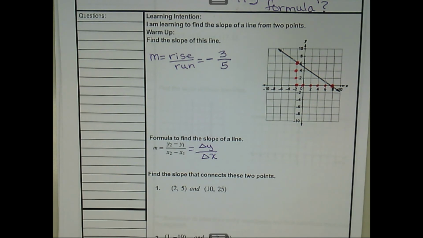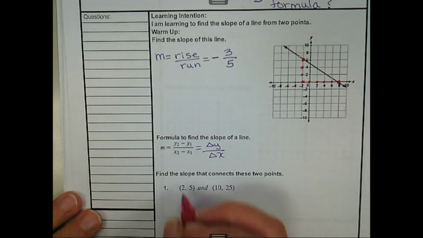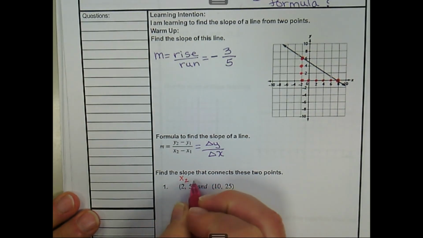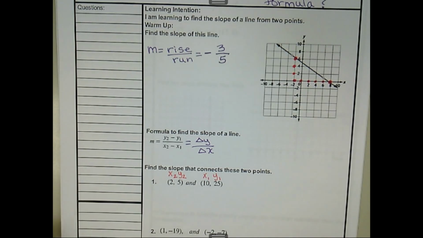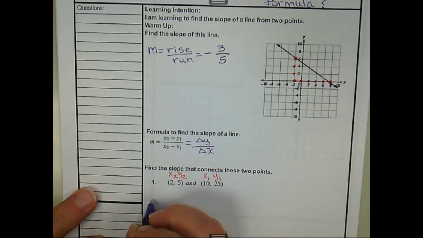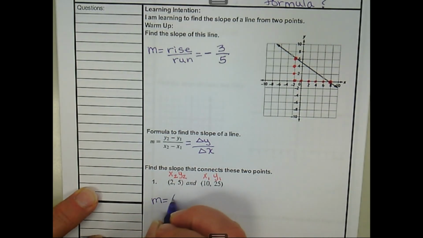Step 1 is to identify the x and the y coordinates. So I'm going to call this one x sub 2, y sub 2, x sub 1, y sub 1. So as I do my slope, the change in y over the change in x.